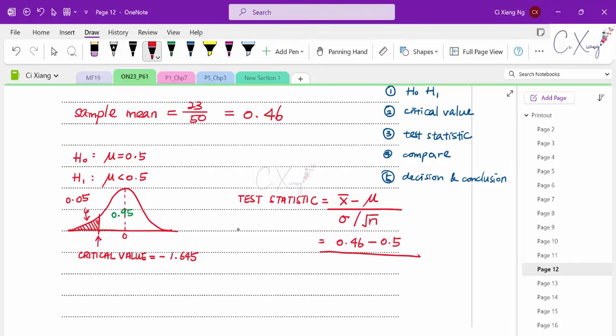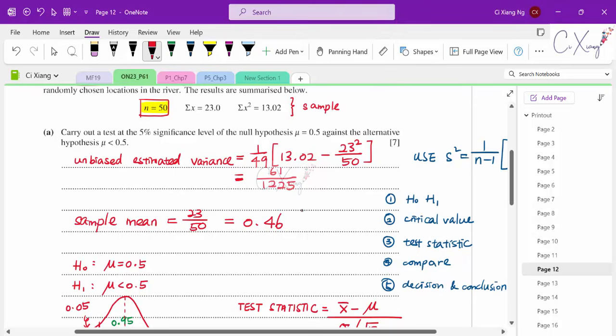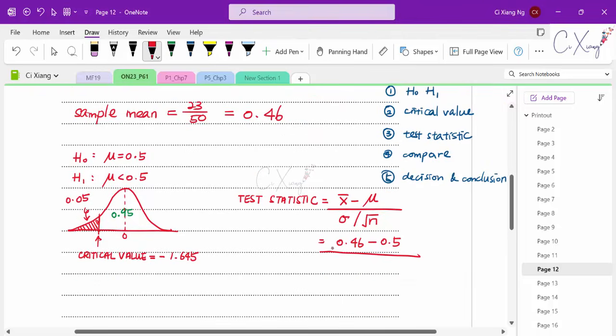Okay, then divided by what? Divided by the population standard deviation. Where is the population standard deviation? Just now we already estimated the variance of the population, which is this one. So for the standard deviation you have to take the square root of this, 61 over 1225.